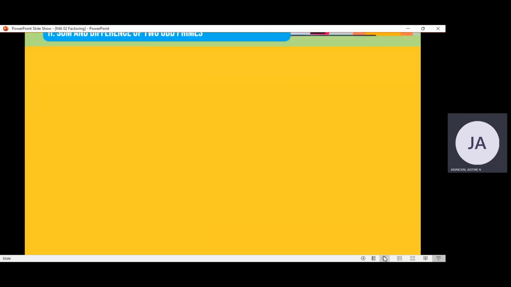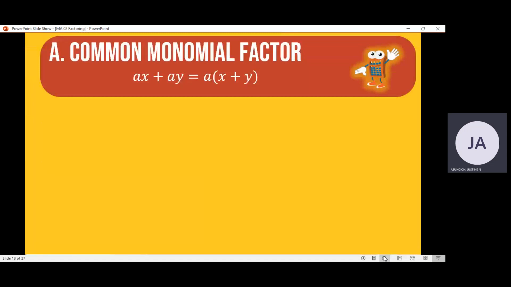Considering the common monomial factor, we need to identify its GCF and at the same time the quotient when we divide the given polynomial by its greatest common factor. And when it comes to the greatest common factor, we need to recall the concept of the prime factorization.